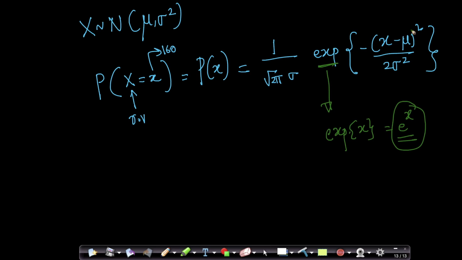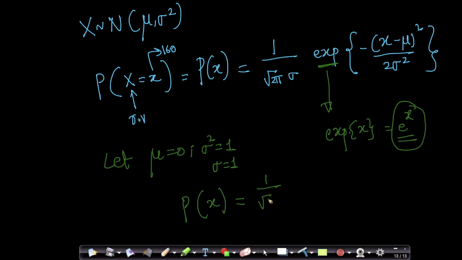Now, having said that, to understand this function, let's simplify it. Let us assume that mu equals 0 and sigma square equals 1, which means sigma equals 1. Let's assume this for a second, so as to simplify and understand this math. Then your probability of finding a random variable X equals x, see, whenever I don't write it, all I mean is capital random variable X equals x, is 1 by root 2 pi.